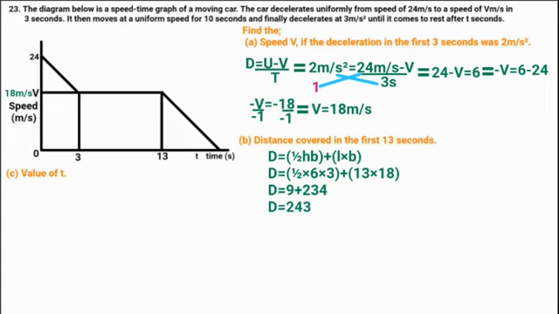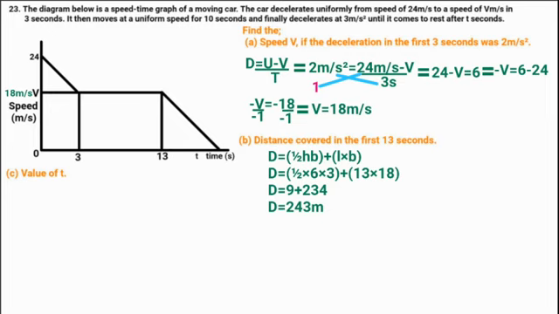So 243 is the distance the vehicle covered in 13 seconds. So the vehicle covered a distance of 243 meters in 13 seconds. Now we come to question number C, value of t.